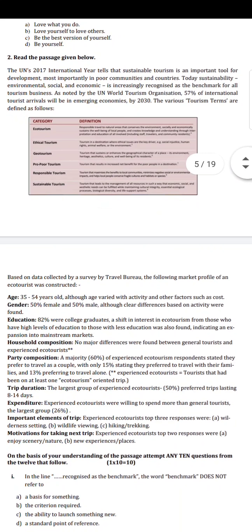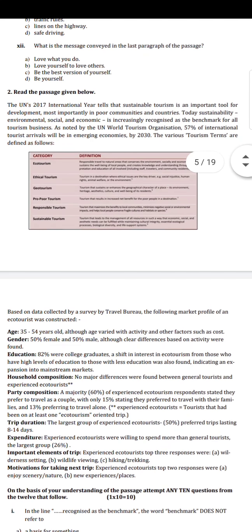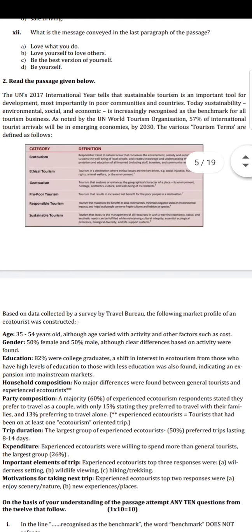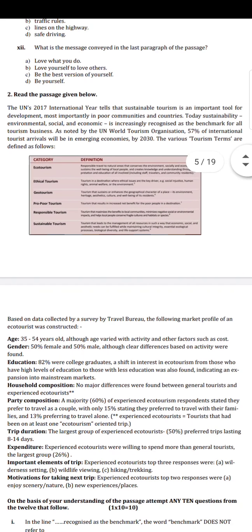Next, you have another reading passage. You can see that this passage is quite different. The UN's 2017 International Year tells that sustainable tourism is an important tool for development, most importantly in poor communities and countries. So here it's about sustainability.